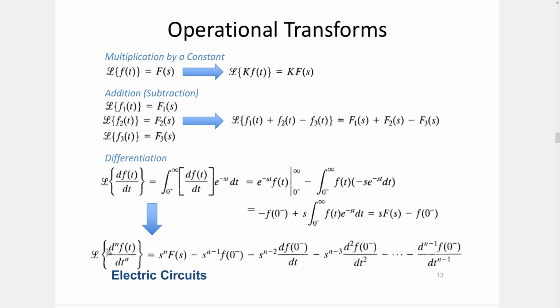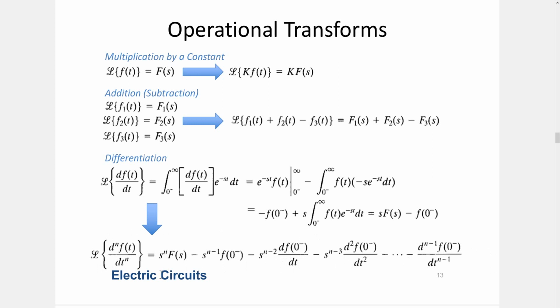You get s to the n F(s) minus s to the n minus 1 times f(0), minus s to the n minus 2 times df(0)/dt, and so on. So this is the generalized structure for the nth derivative.